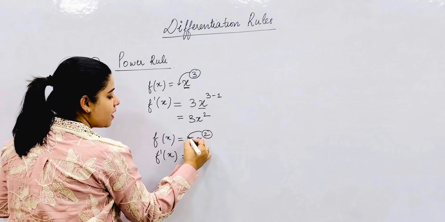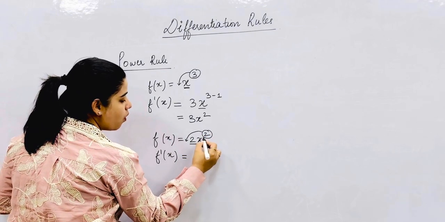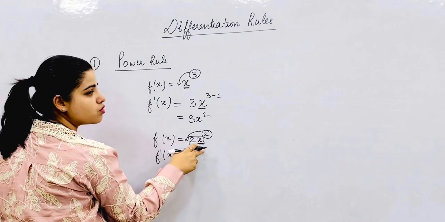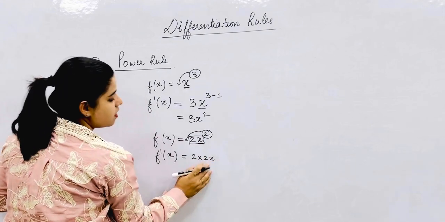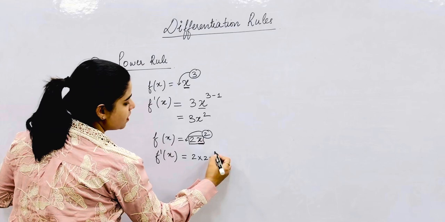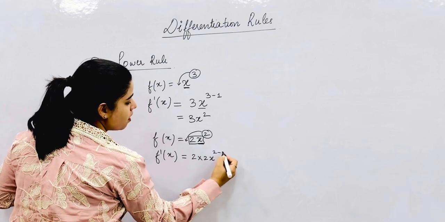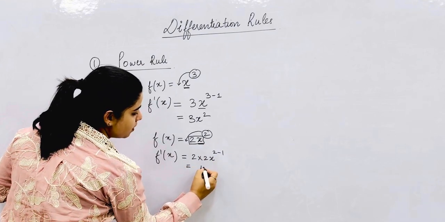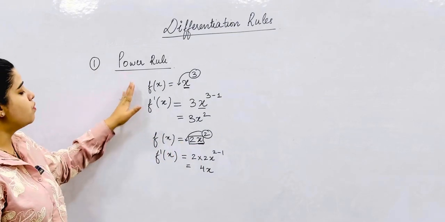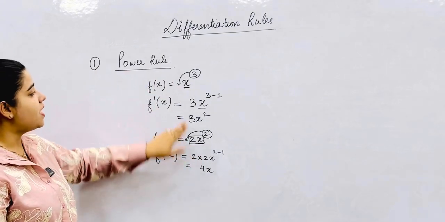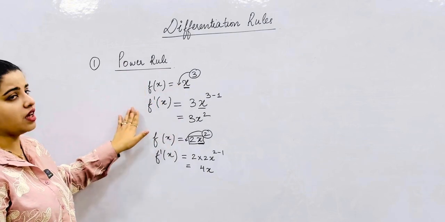So we'll multiply it now with the whole term here, which is 2x. So we'll write 2 into 2x. Now what will be the power of x? It will be the original power, which is 2, minus 1. So it will be 4x. Okay, so this is the power rule which is used for differentiating any algebraic expression or any function.